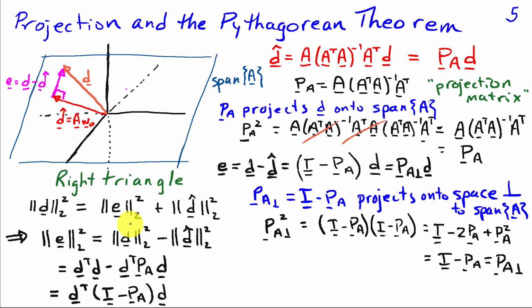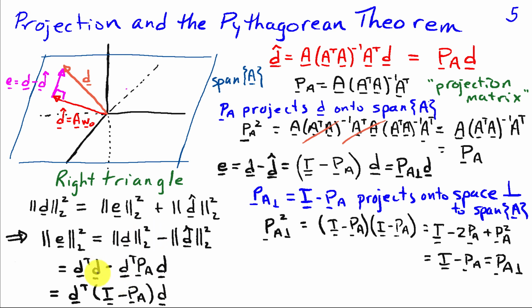And that allows us to solve easily for the length of e, which you already found on the previous slide, but we're doing it here using geometry. We can write the 2 norm squared of the error as the 2 norm squared of d minus the 2 norm squared of d hat.